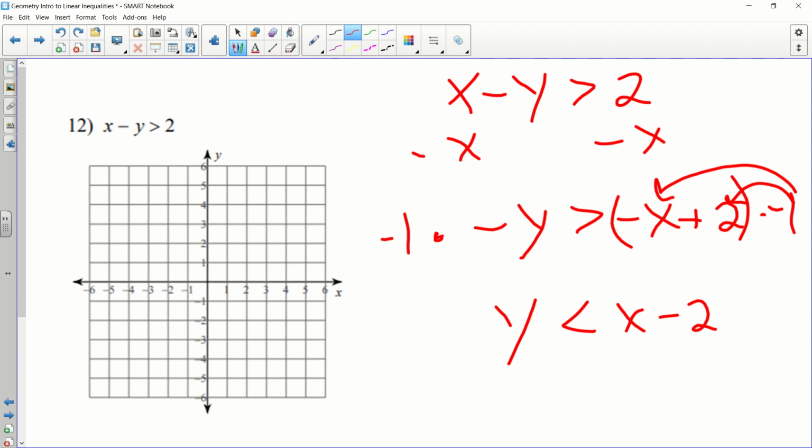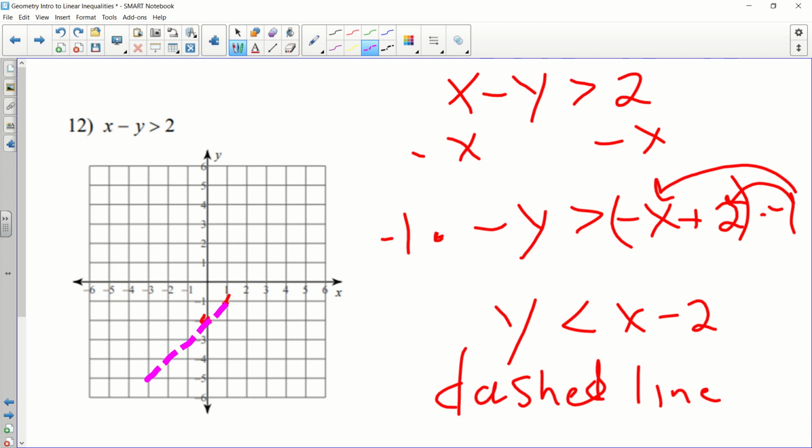I can graph that by starting at negative 2. My slope is 1, so I'm going to go up 1, right 1. It is less than, so I'm going to have a dashed line. Because y is lower than that line, I'm going to be shading in the downward direction, so I'm going to be shading below the line.